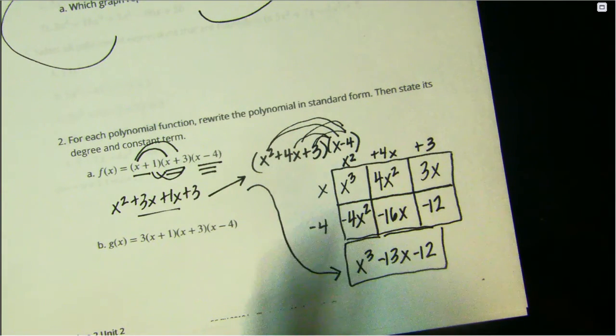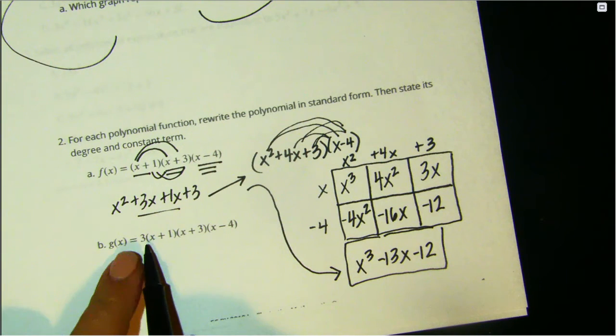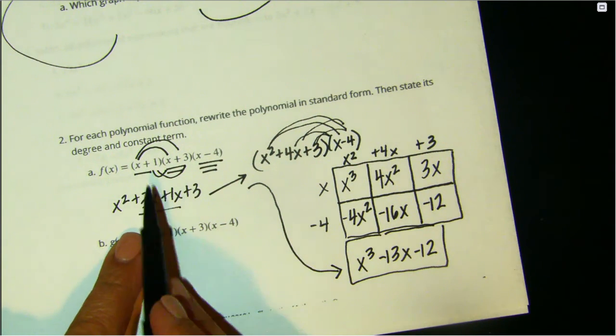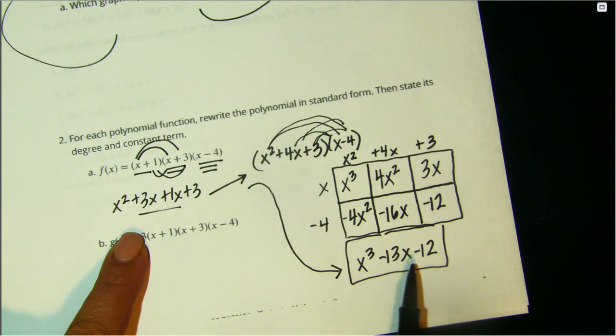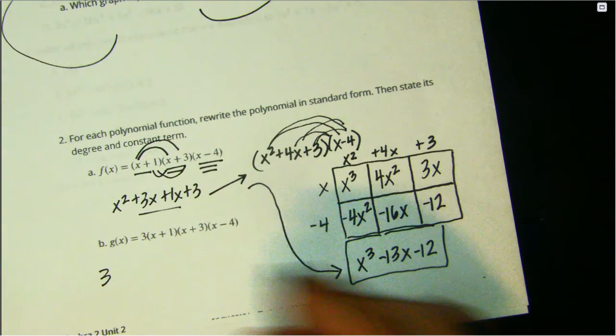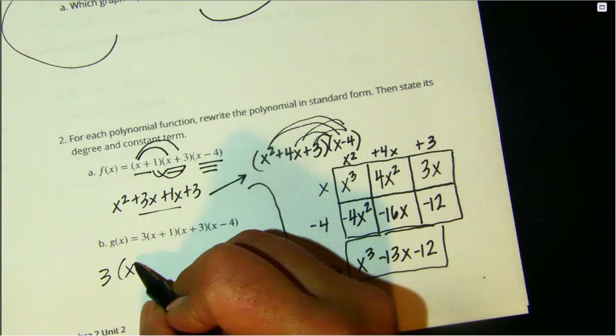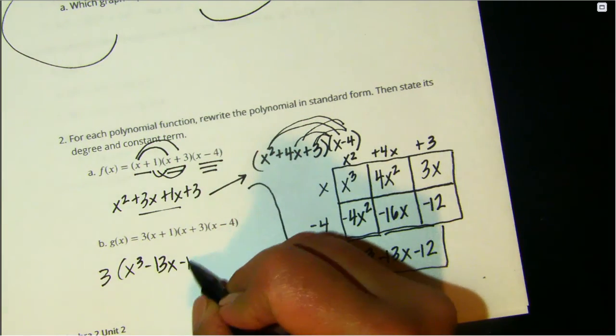Now, if you look at letter B, it's exactly the same, except it has a 3 in front. I've already done all this work. I've done this times this right here. Now it says, okay, hey, now just multiply all that by 3. So I just have to do 3. I'm just going to show it like the distributive property. Now, is that the only way you could have done it?